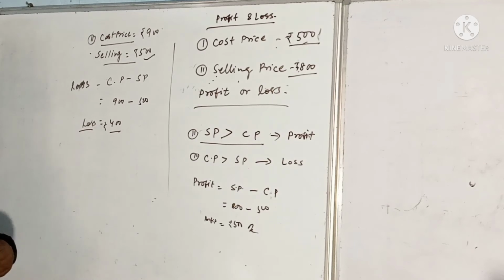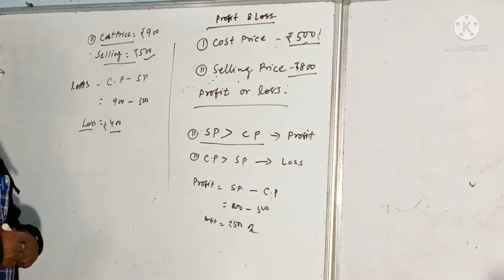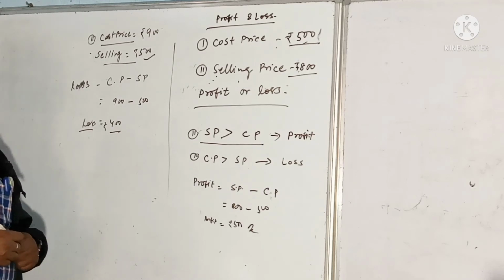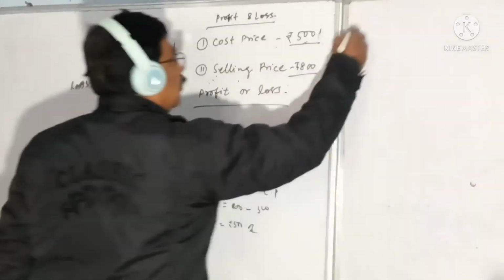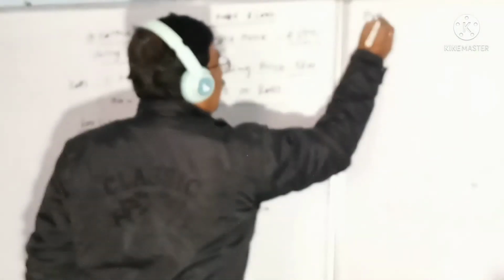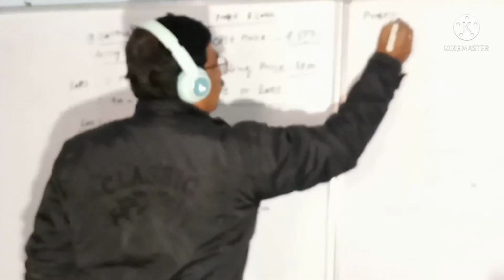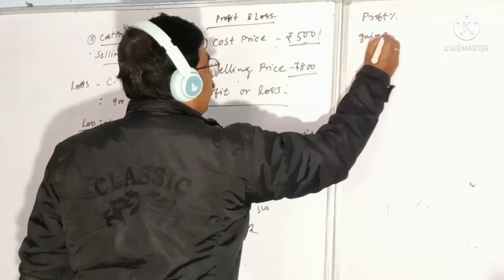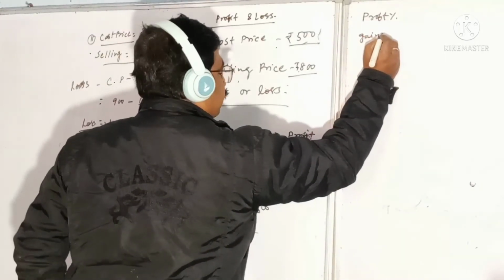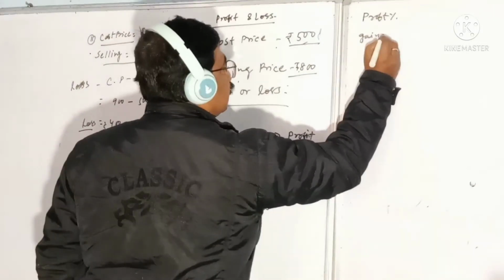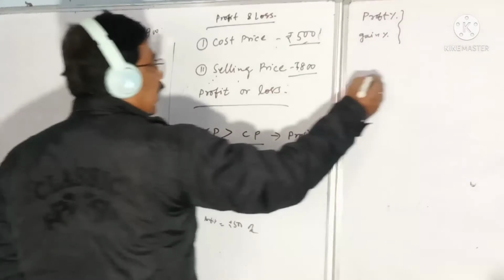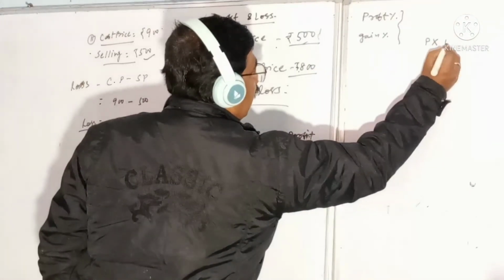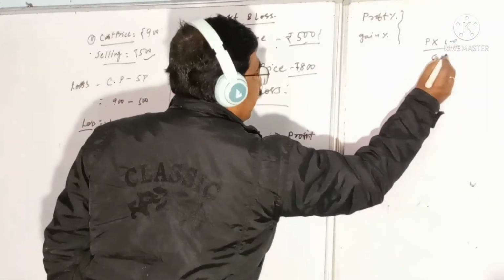So you know about profit and loss, and now you need to know about profit percent and loss percent. About this question, you know about profit percent, also called gain percent. Both are the same. Profit percent is equal to profit into 100 by CP.